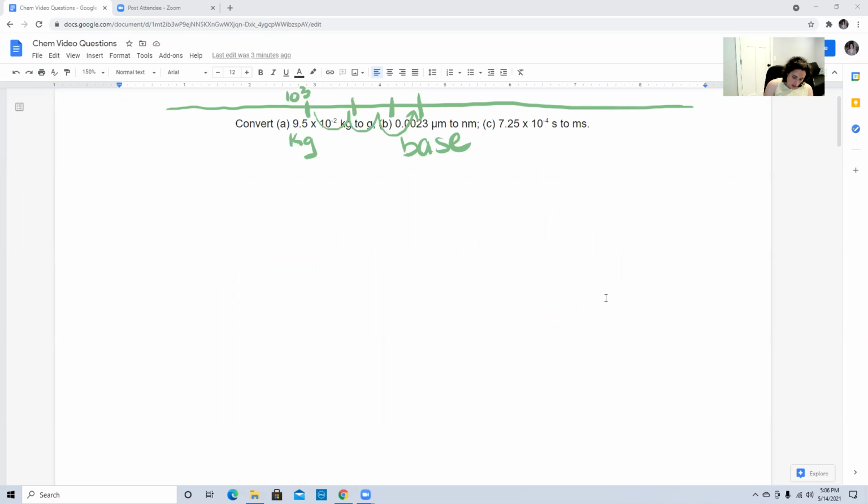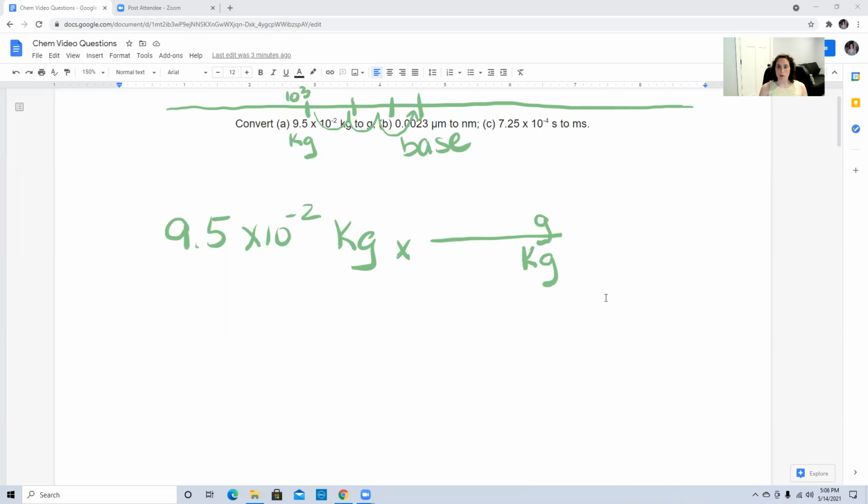I could also just say 9.5 times 10 to the negative 2 kilograms, and I don't want the label kilograms. To get rid of it, I can treat this just like algebra and variables. If something is in the numerator, it will cancel something in the denominator. So I put kilograms down there so it cancels, and then grams, which is what we want, is the label on top.